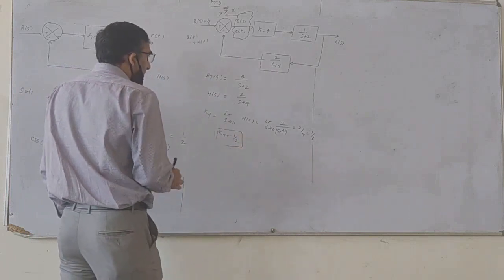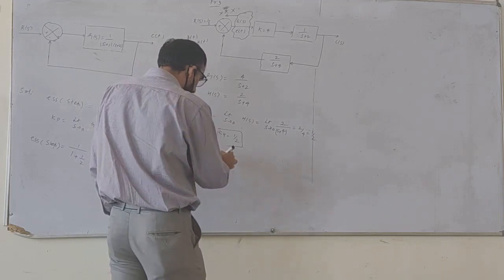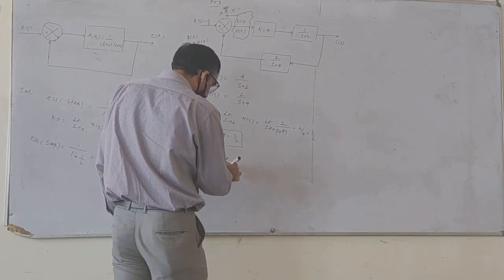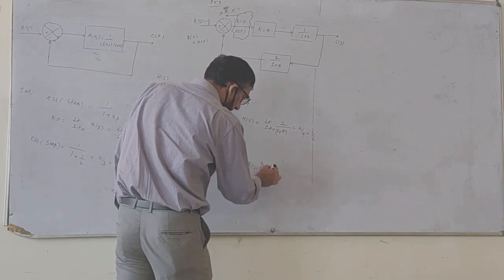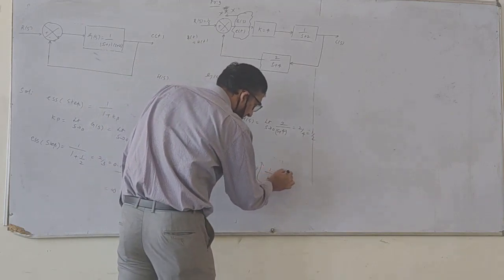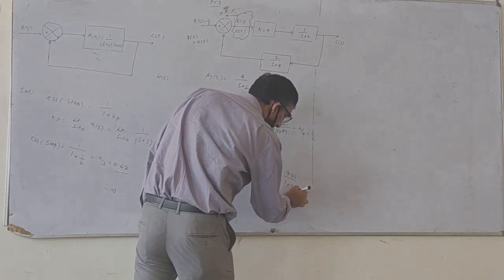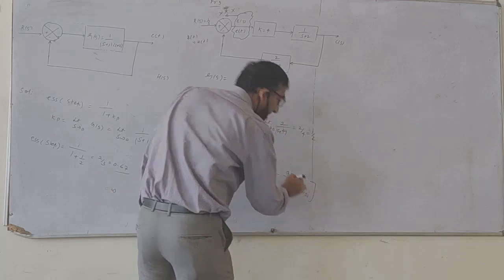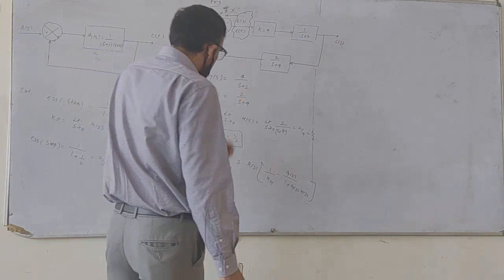So what was our formula for the steady state error in this case? E of s is equal to limit s tends to 0, s R of s, times 1 by kh minus G of s, divided by 1 plus G of s H of s. So this was the formula. Now kh, the DC gain in this case, was 1 by 2.